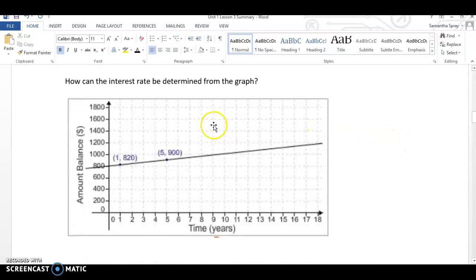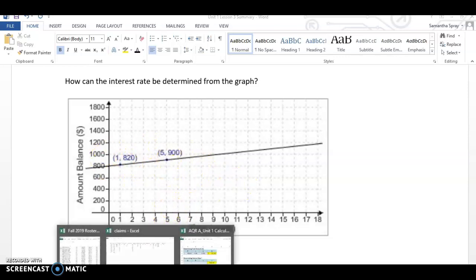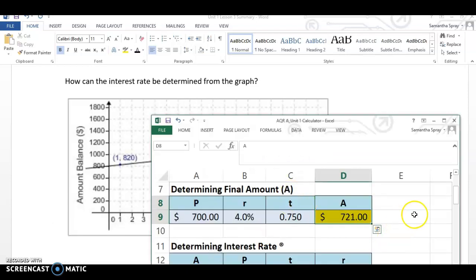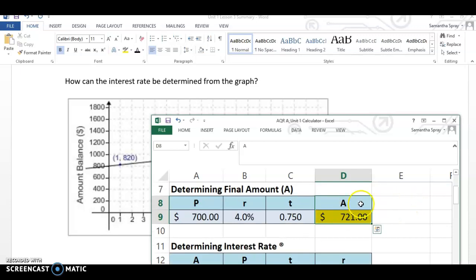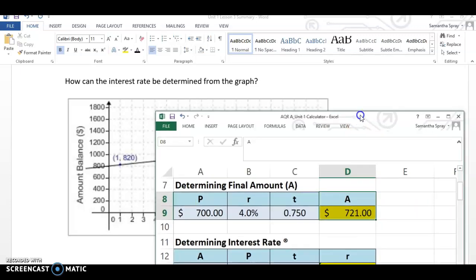On our next one, how can the interest rate be determined from the graph? If you notice, I have a starting point of 800. I've also got time in years. So if I pull up my calculator, I'm going to find the one under simple interest that says determining interest rate.